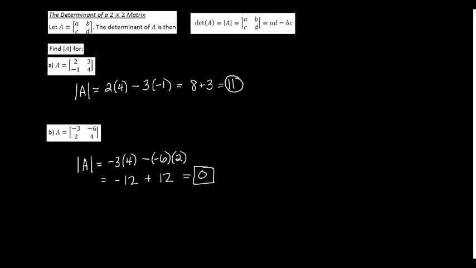One of the things about a determinant is that it tells us if there is an inverse for the matrix, and we'll be getting to that in section 8.4. As a brief preview, if the determinant is 0, there is no inverse. Again, we'll get to that in section 8.4.